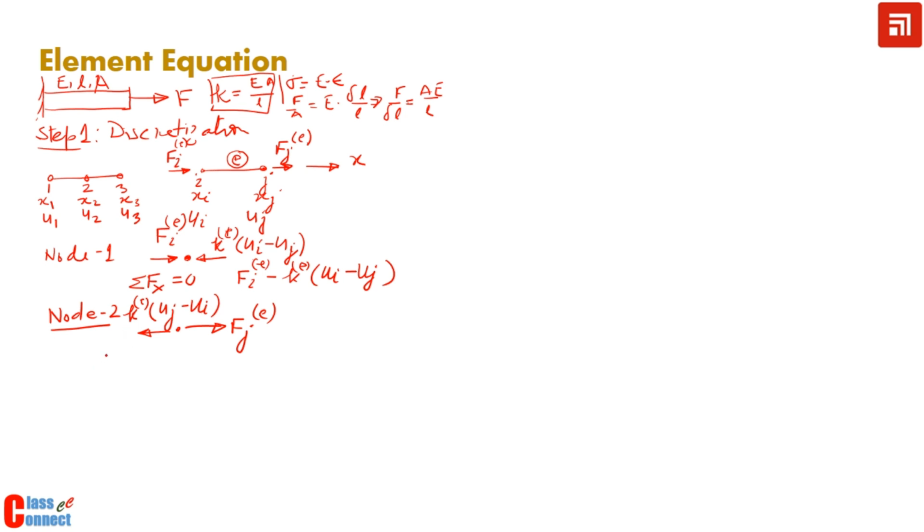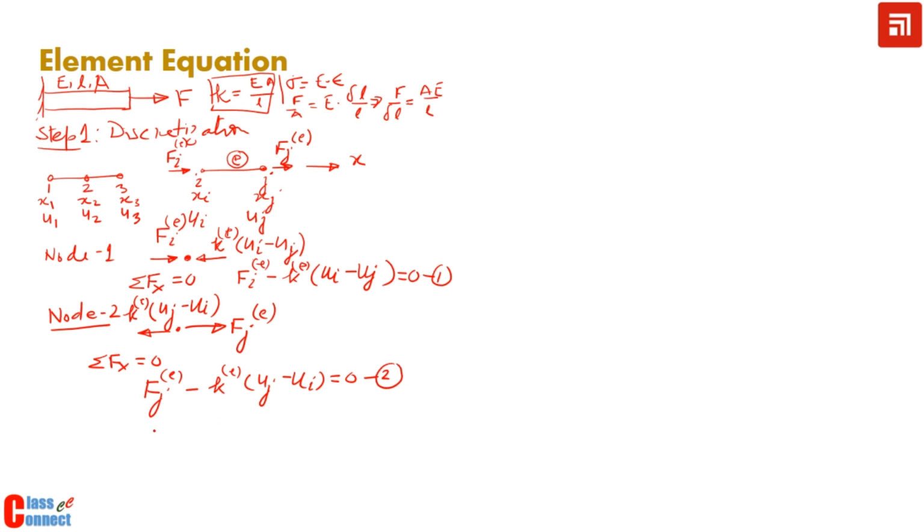So again this is in static equilibrium, so it should satisfy the equation of equilibrium. Oh sorry, here also it should be equal to 0. So now we have equation number 1 and equation number 2.